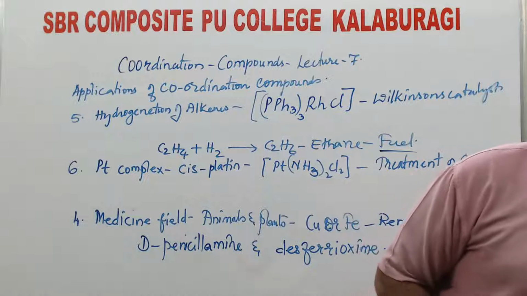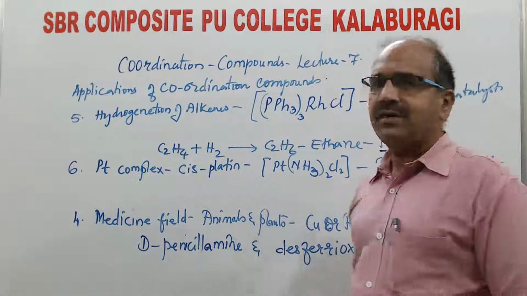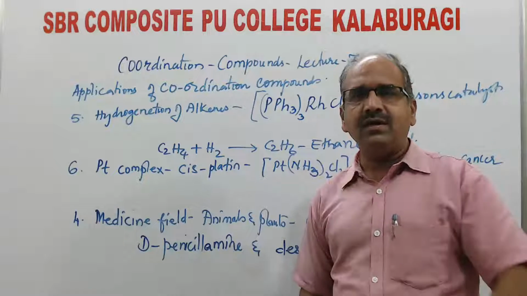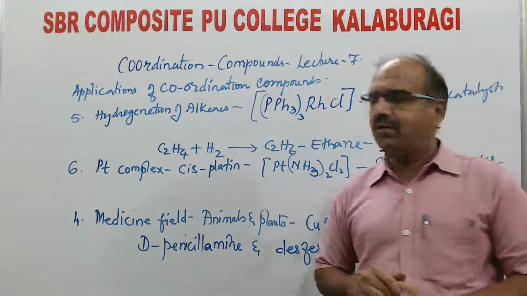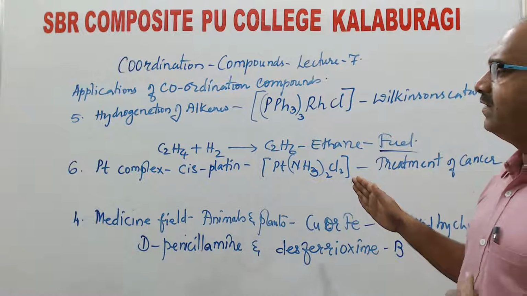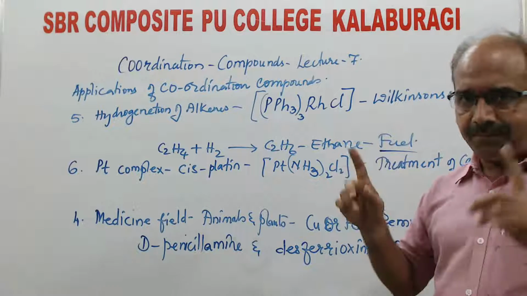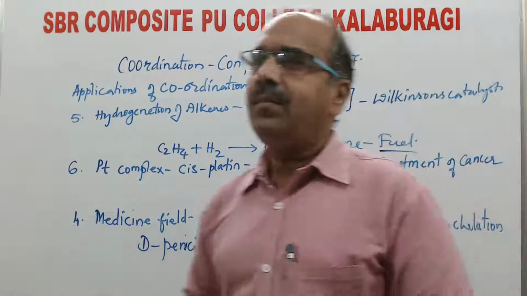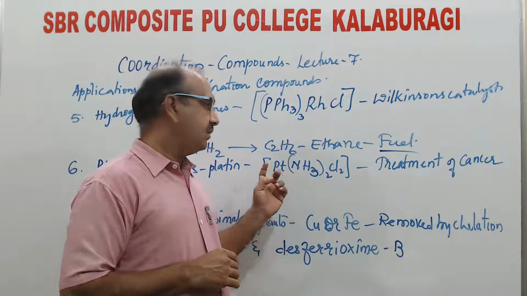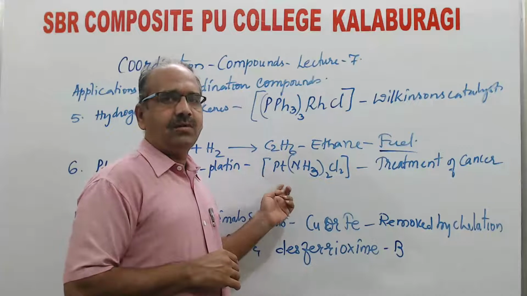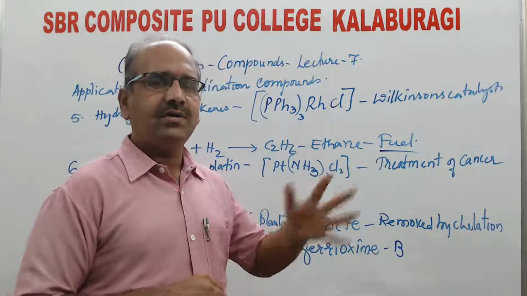All that together will be given, and that's how it helps in the curing or removal of the tumor, the unwanted cells in the body. This is one of the medicinal uses of cisplatin, the cis isomer of platinum with ammonia and chlorine. It shall be used in the treatment of cancer.